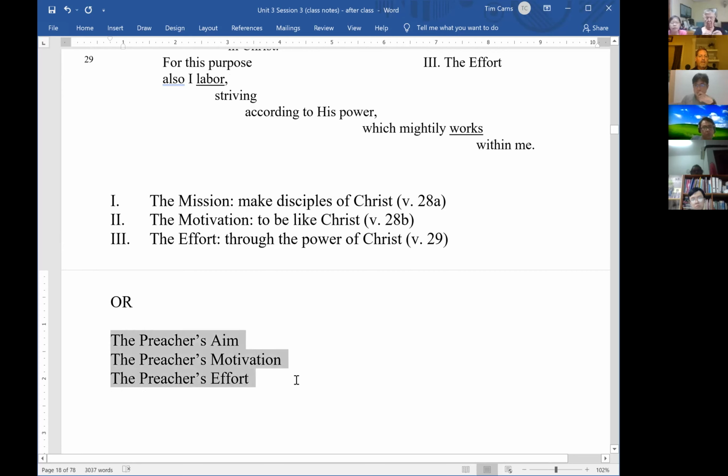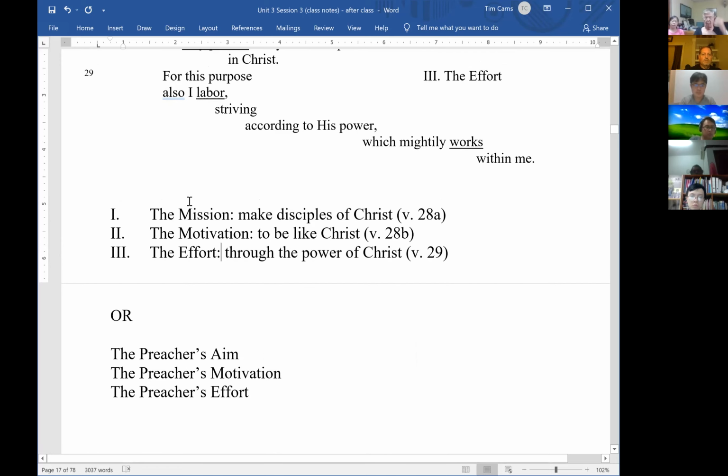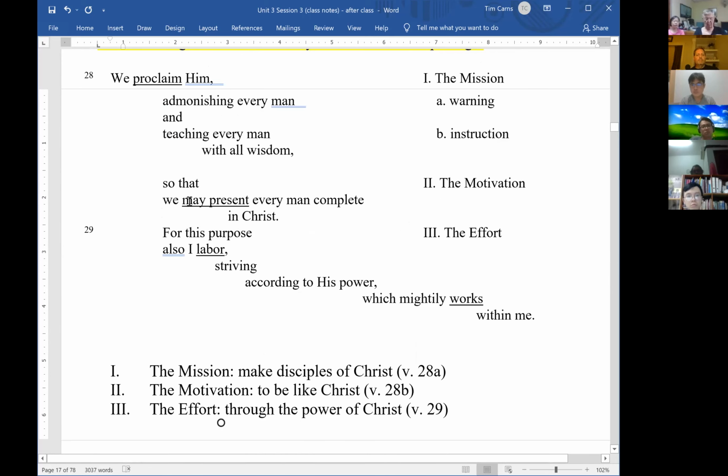And the second outline, if I'm speaking to a group of pastors or to you guys, I would make the outline like this, because I would direct it more towards you in that regard. So just a couple of ideas there to show you how we get from the diagram of the passage to a possible outline of that passage.